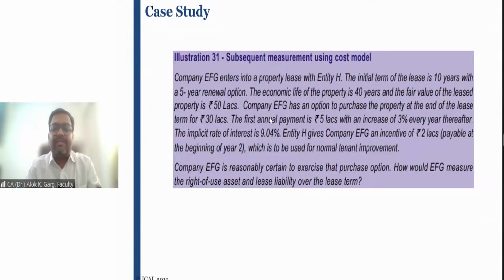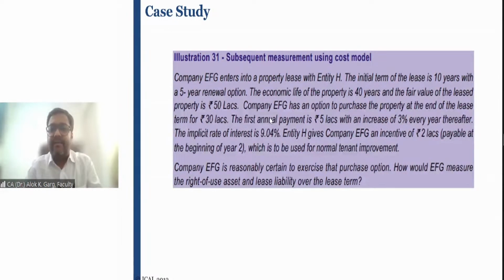In this particular case, nowhere is it given whether the lease payment happens at the beginning or at the end of the year. The only hint given is that the lease incentive is payable at the beginning of year 2. What does it mean?